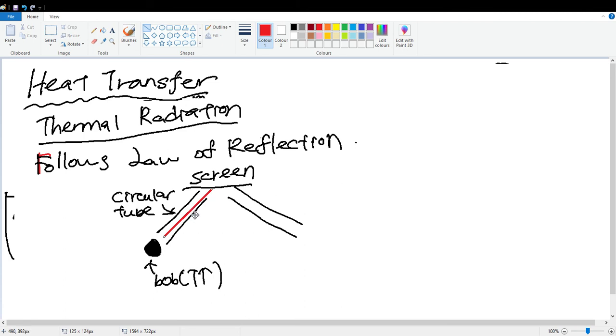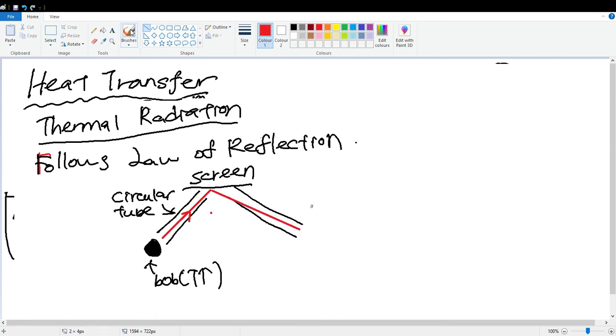So the thermal radiation travels in this way. Based on the law of reflection, the angle of incidence equals the angle of reflection.